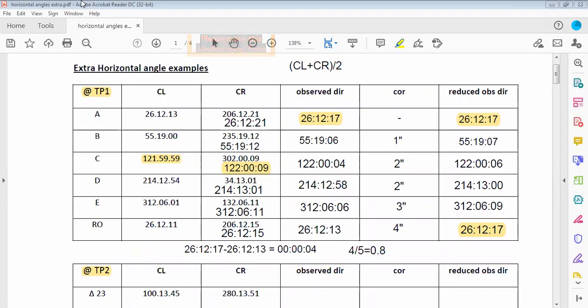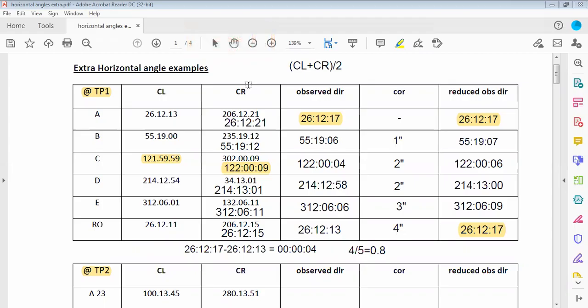I'm just wondering, we have to look at CL first and see if we have to add or subtract 180, right? Yes. What happens if both CL and CR are less than 180? No, look, we're always going to start off with CR. So we're always going to take CR as the value.